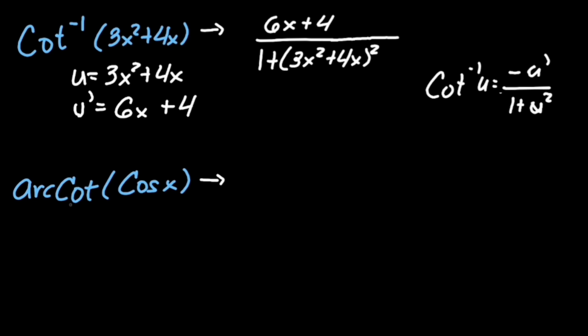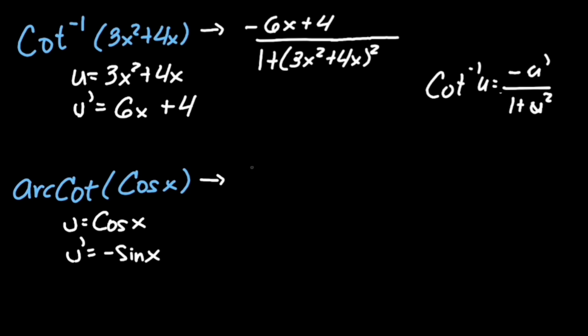The derivative of arccotangent of cosine of x. Let u here be cosine of x, and the derivative of cosine of x is negative sine of x. Now I've made a mistake, this should be negative.